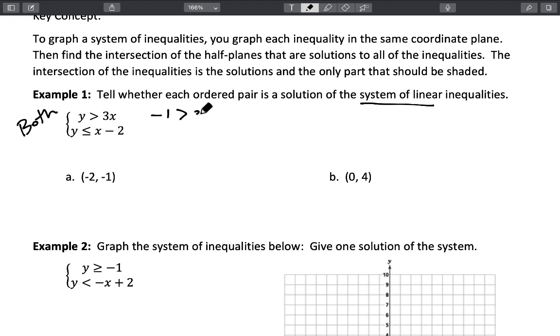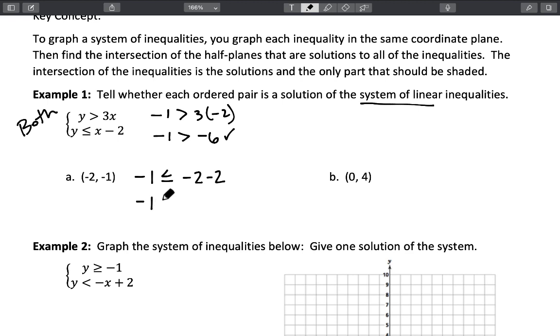-1 is greater than 3 times -2. That makes -1 greater than -6. Yes, that's a true statement. Now let's substitute (-2, -1) into the second inequality. So -1 is less than or equal to -2 minus 2.